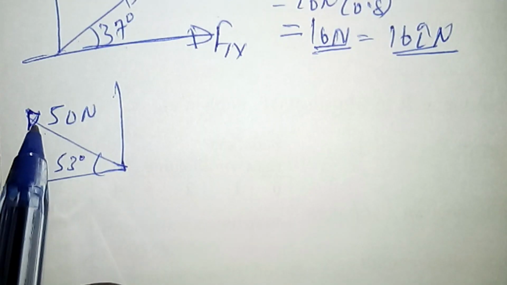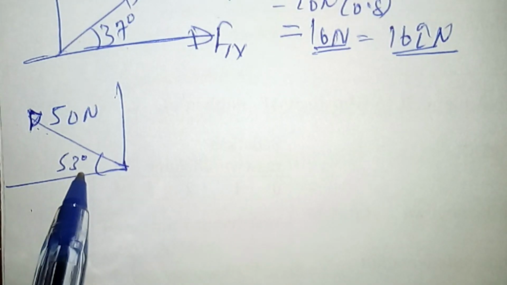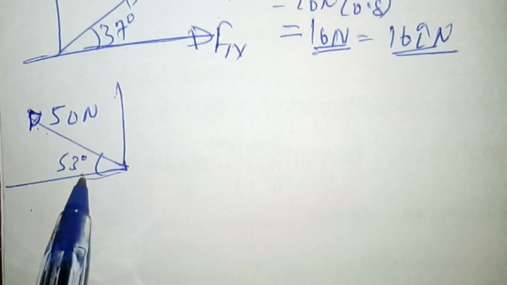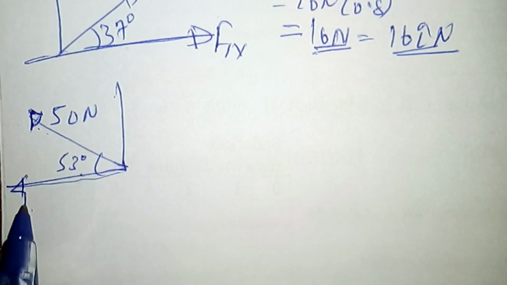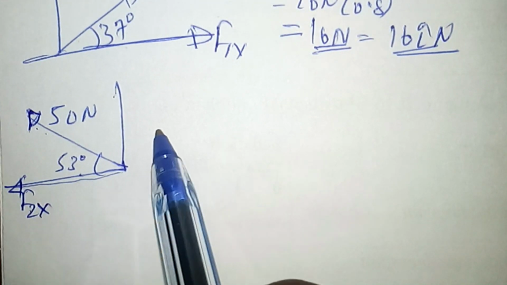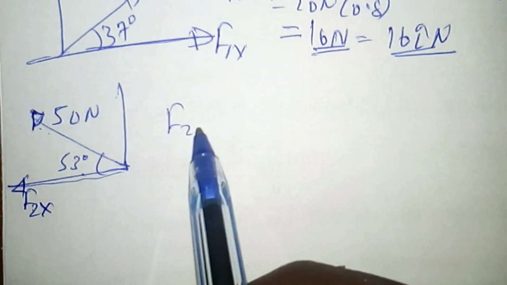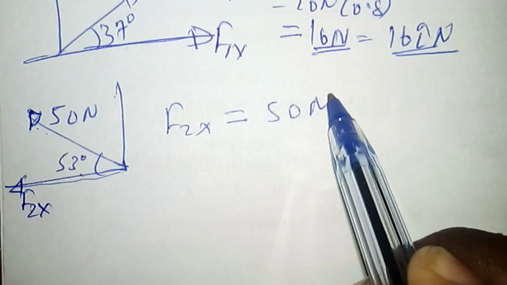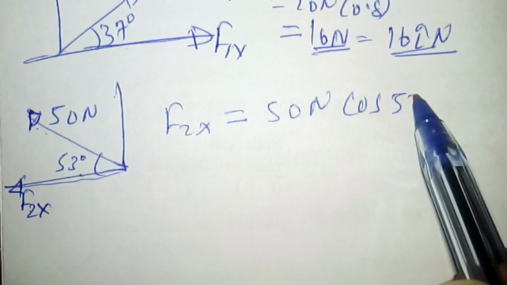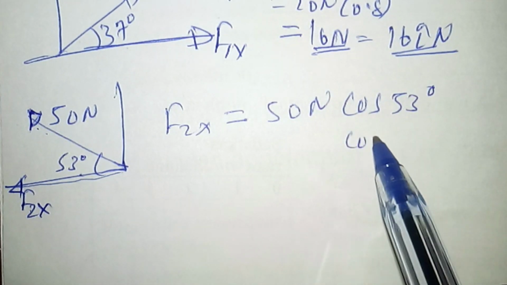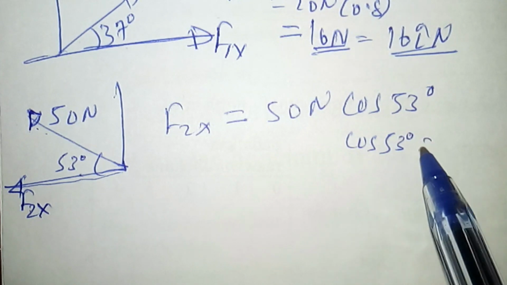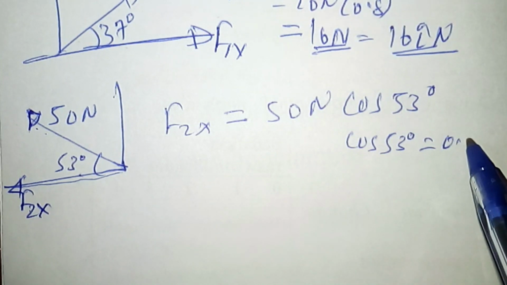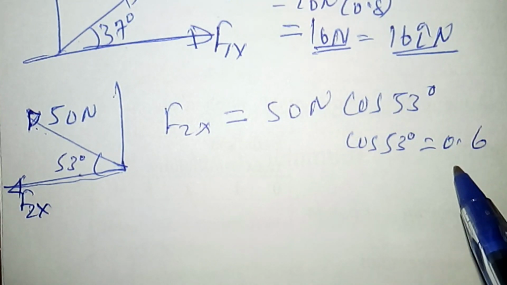So the second force is 50 Newton at an angle of 53 degrees from the horizontal. So the horizontal component of force 2, which is along x, is F2x vector equal to 50 Newton cos of 53 degrees. But cos of 53 degrees is exactly equal to 0.6.